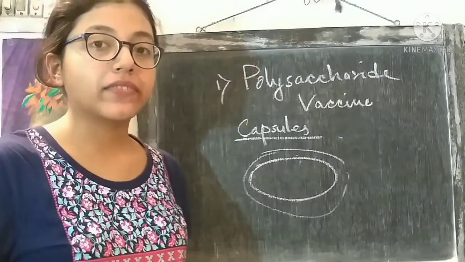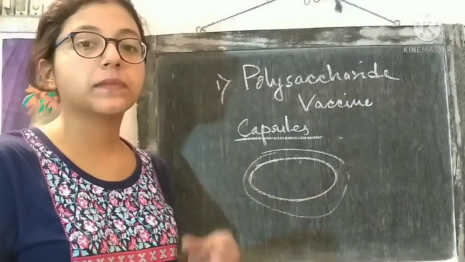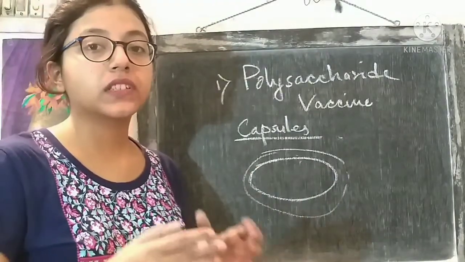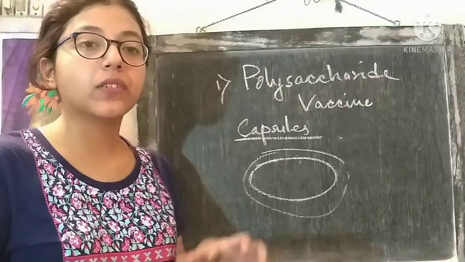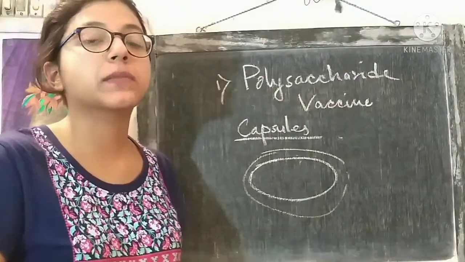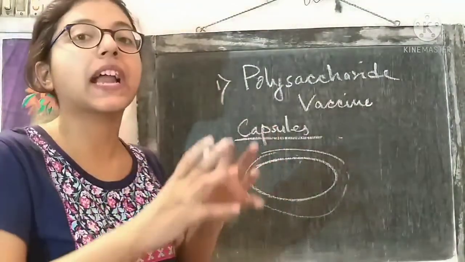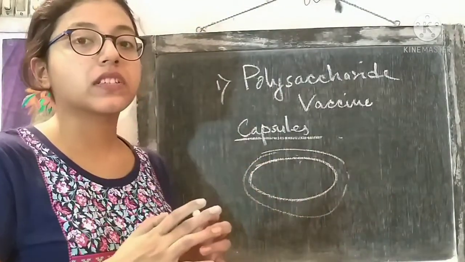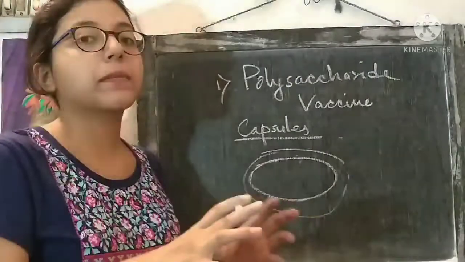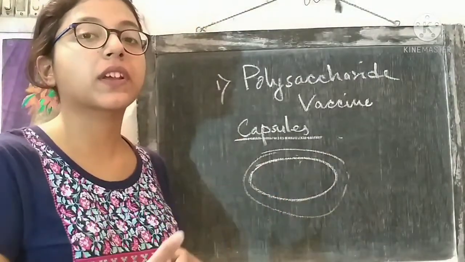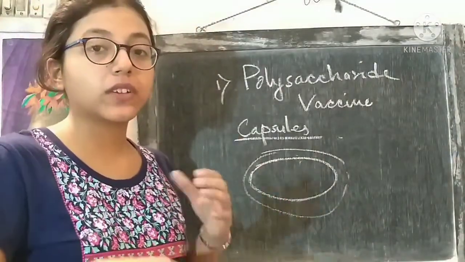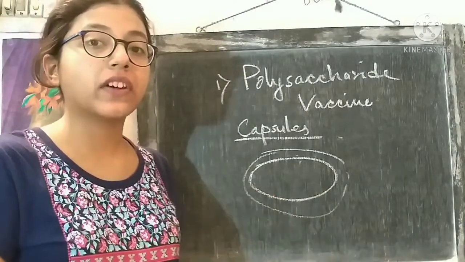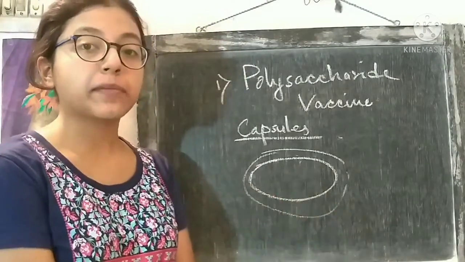The immune system of the host cannot recognize the bacterium if the capsule is present, because the capsule masks the antigenic portion of the pathogen. The immune system cannot recognize that it is a bacterium, so it cannot generate an action against the pathogen. This is a major advantage provided by the capsule layer.